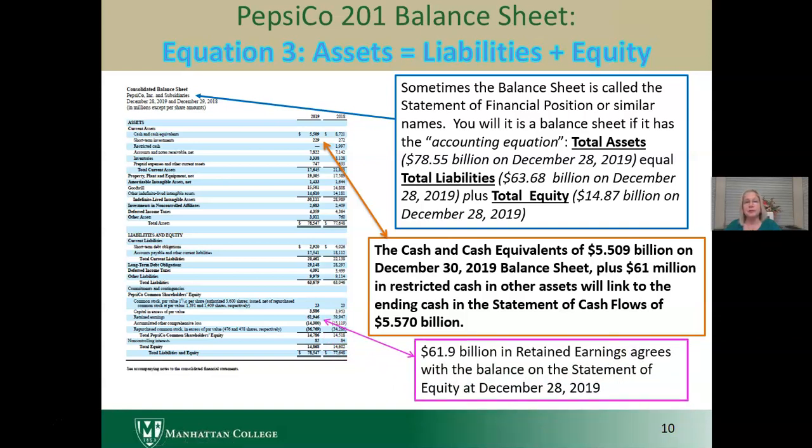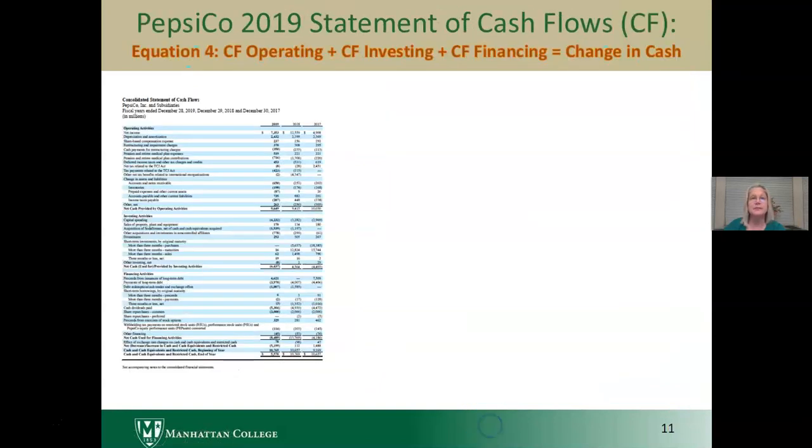So you'll also notice that the $61.9 billion in retained earnings agrees with the balance at the statement of equity. So what we looked at in the prior financial statement, retained earnings, earnings kept in the business, reinvested, is the same as in the statement of retained earnings or the retained earnings section of the statement of equity at the end of 2019.